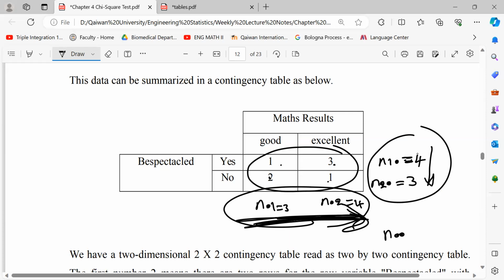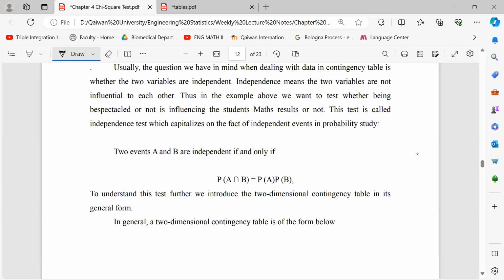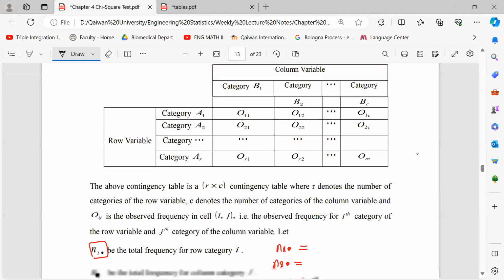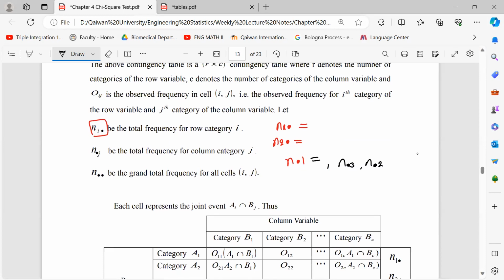Find the sum of all elements in the table. 1 plus 3 is 4, plus 2 is 6, plus 1 is 7. You get the same result in each of these. If you use any of these, you get the same result. This is n dot dot.